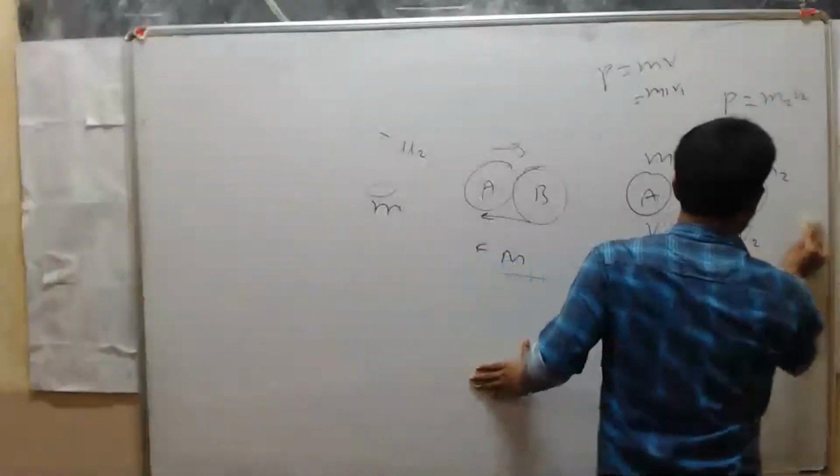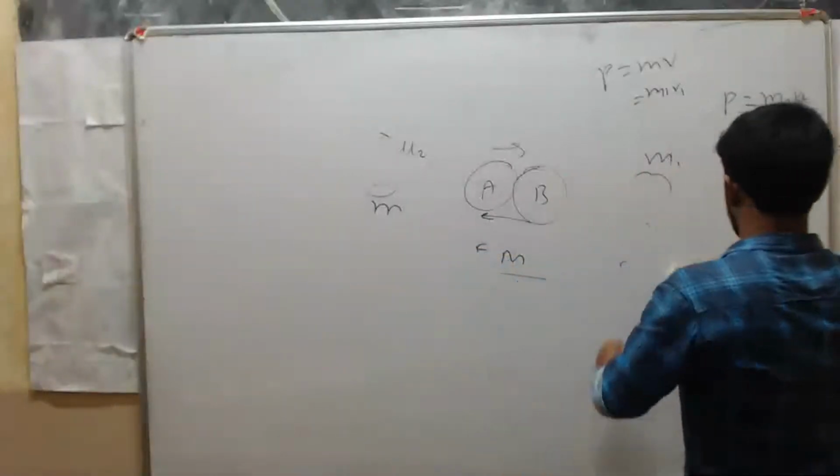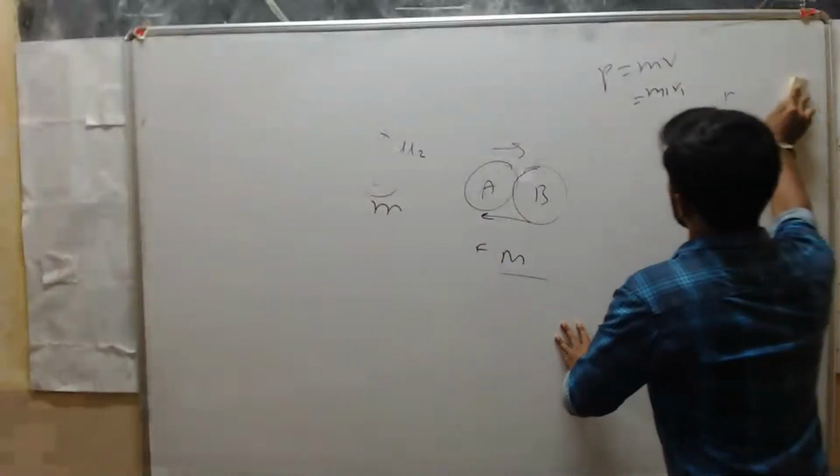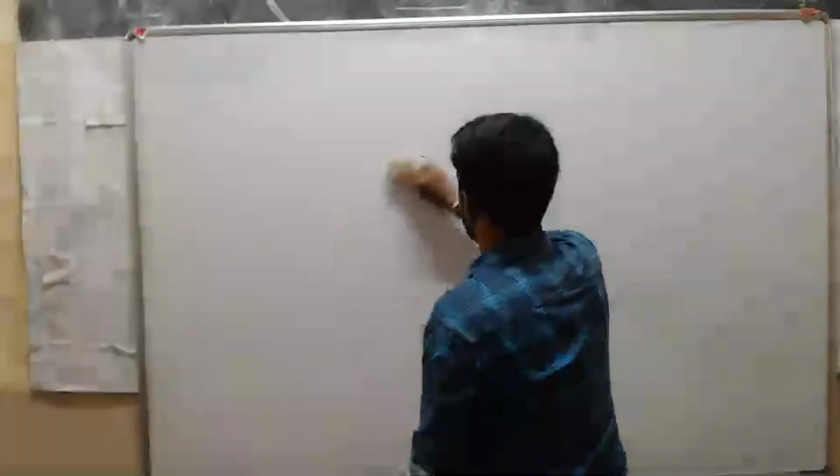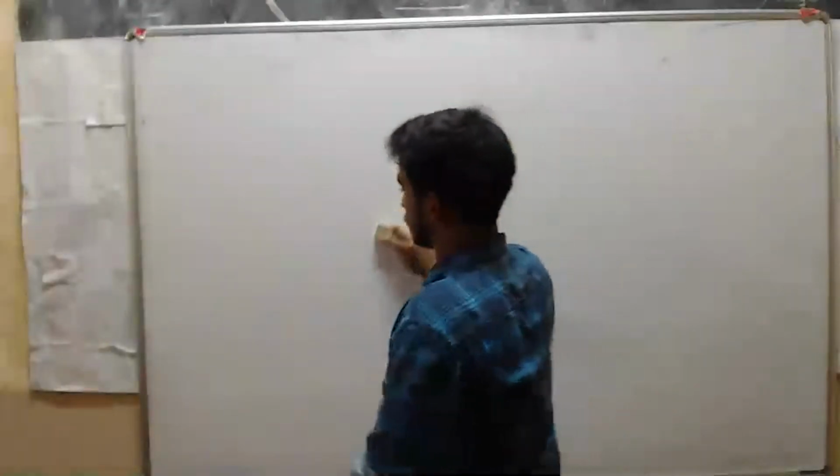Now how to prove this? How to start? Already we have studied two derivations, equations of motion and expression for force. Now the third one, we should prove that the initial momentum is equal to the final momentum.